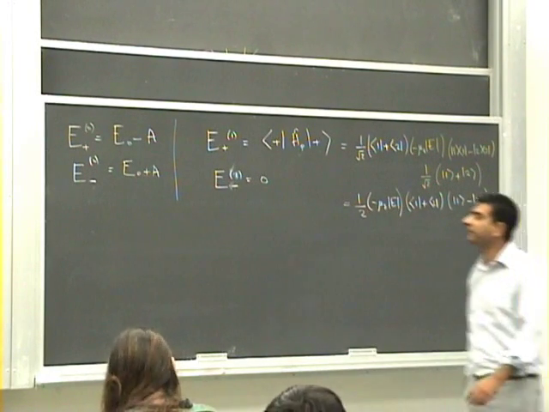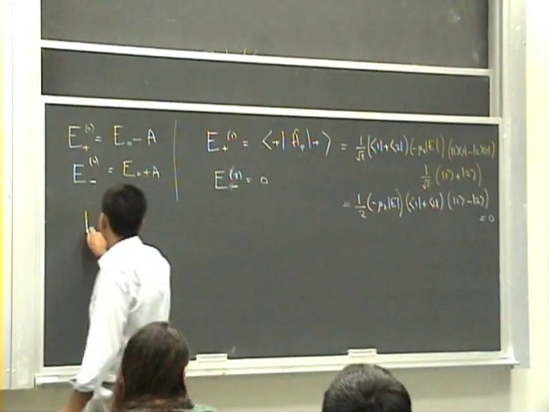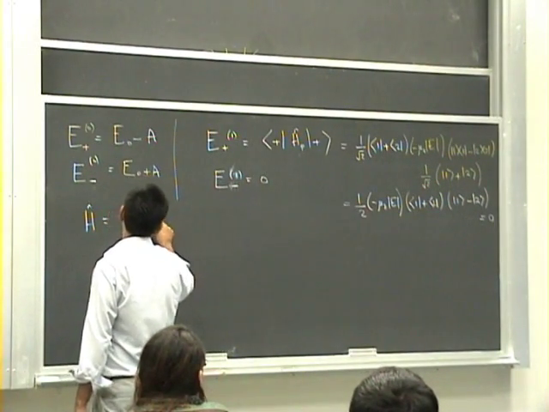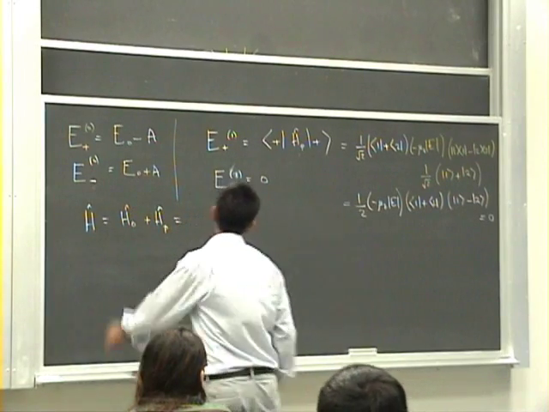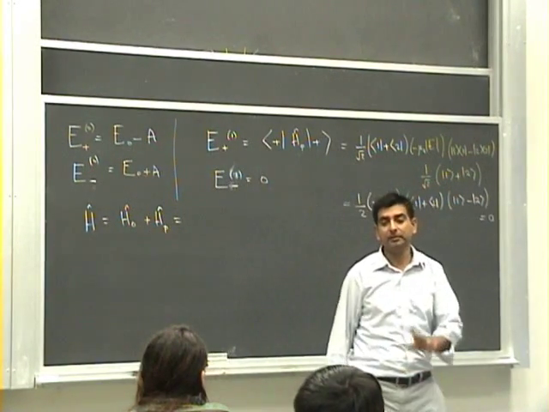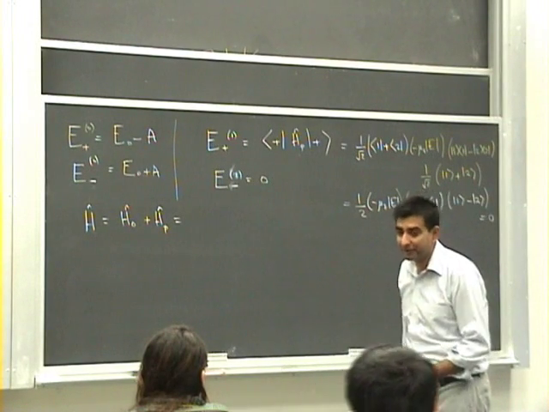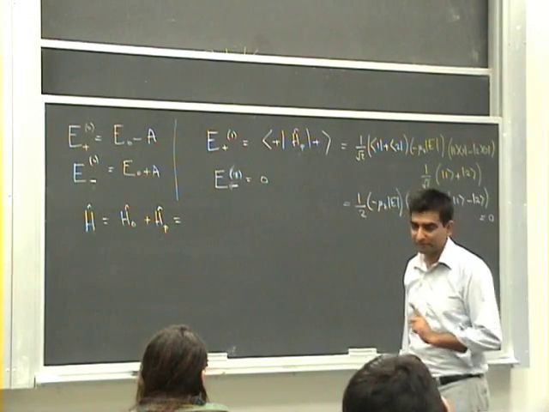Now notice one thing. If I write the total Hamiltonian H, which is the sum of H naught and the perturbation part, this is the result from the time independent, non-degenerate perturbation theory to the first order, only to the first order.